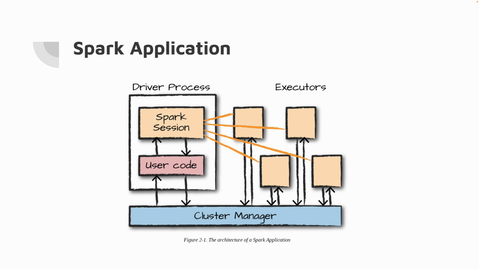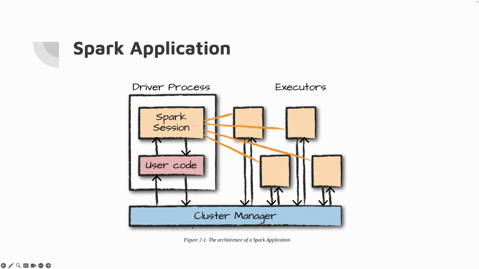When you write Spark code and submit it, the user code is submitted to the driver node. The driver node tries to communicate with the cluster manager and gets information about which executor resources are free and ready to compute. Let's say there is a cluster that is utilized by multiple people; we have to understand which executors are free.